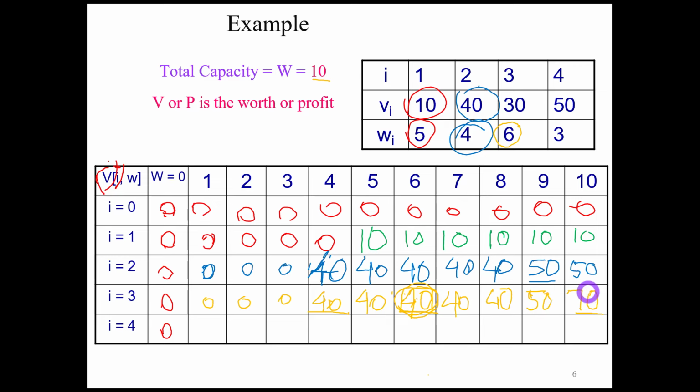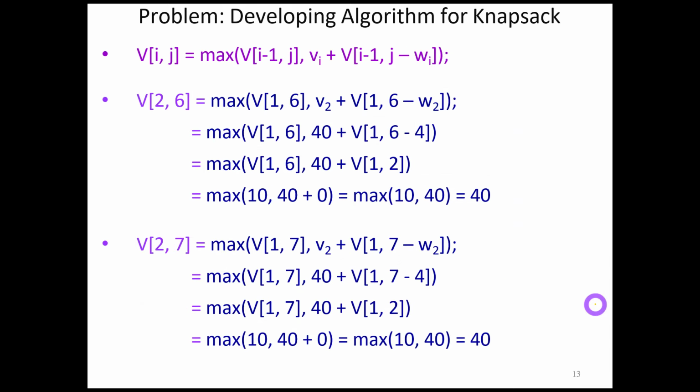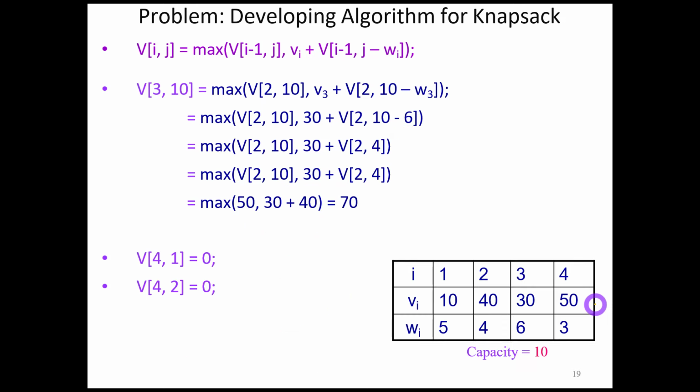Okay, let's solve this last value, 3, 10, using the formula. Let's see if it comes 70 or not. It should come 70. So for 3, 10, i minus 1 is 2 and j is 10. So 2, 10, and 30 is the cost. And then 10 and V3 is 6, so 10 minus 6, 4.